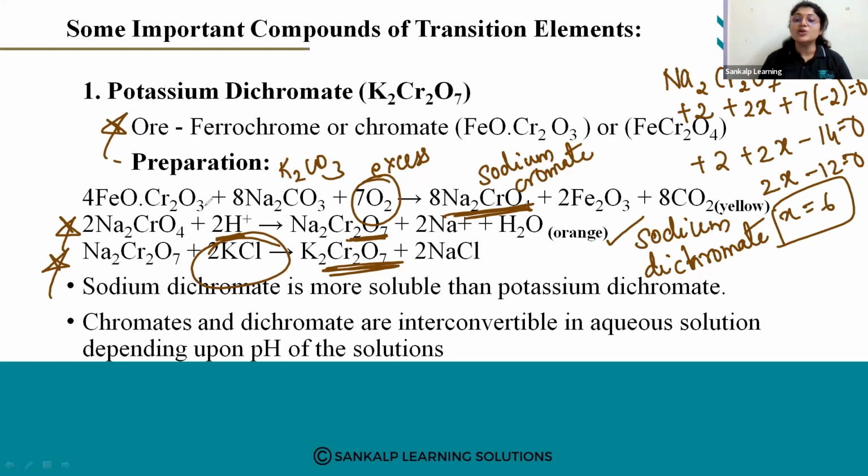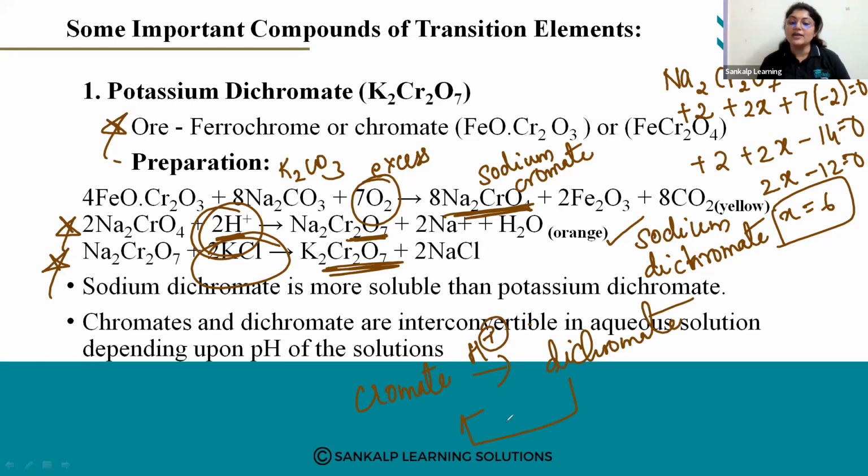So we are converting the chromate ions into dichromate ions by acidifying the solution. So if you want to convert from dichromate to chromate, how will you do it? By adding a basic solution. We converted chromate to dichromate by acidifying the solution. Now, if I want to convert from dichromate to chromate, then what will I do?